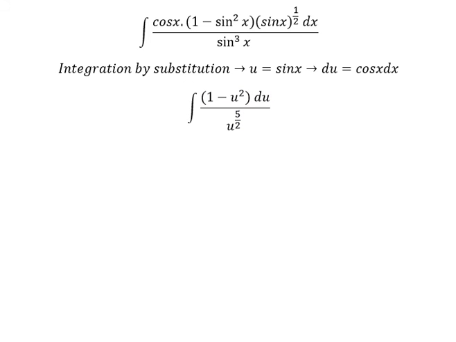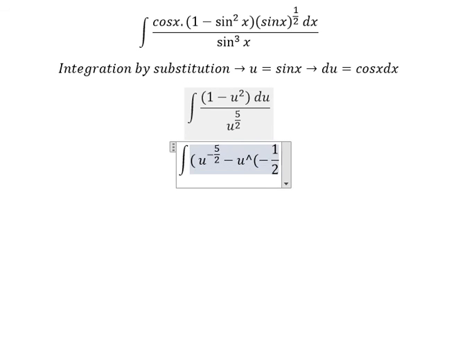Next, 1 divided by u to the power of 5 over 2, you will get u to the power of negative 5 over 2. U square divided by u to the power of 5 over 2, you will get u to the power of negative 1 over 2 du.